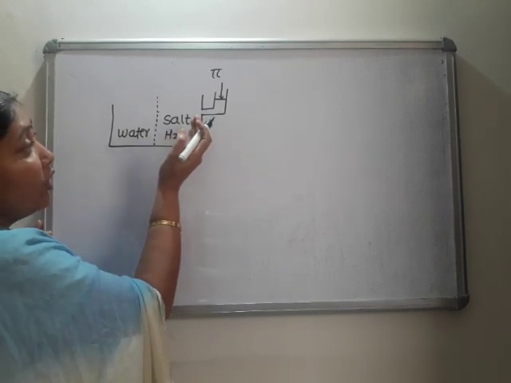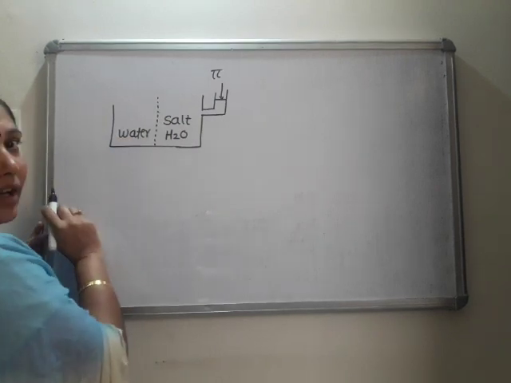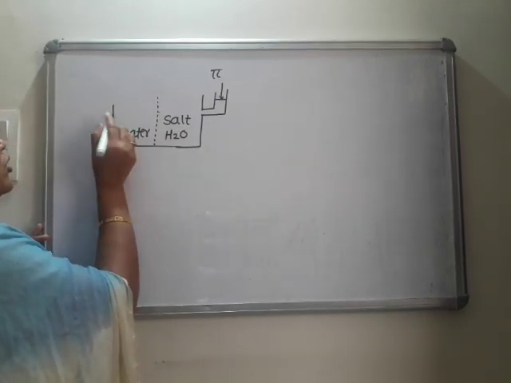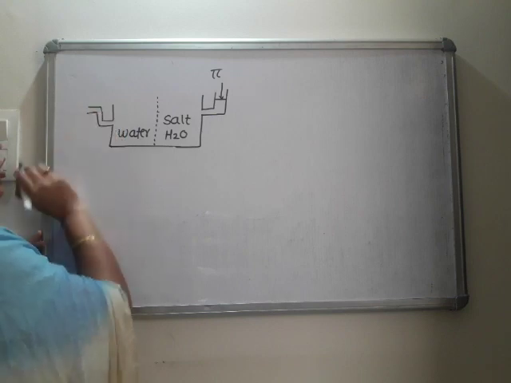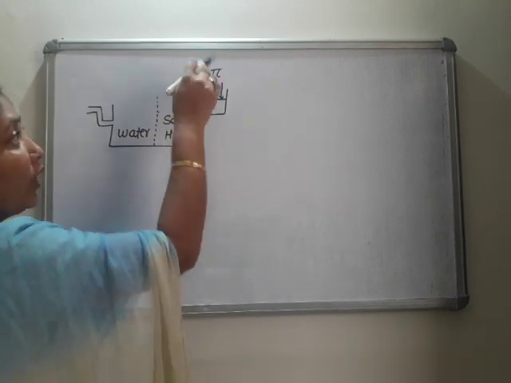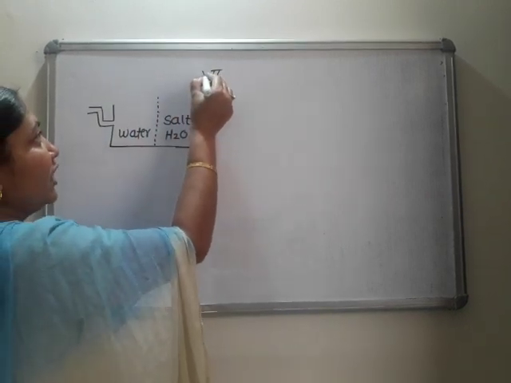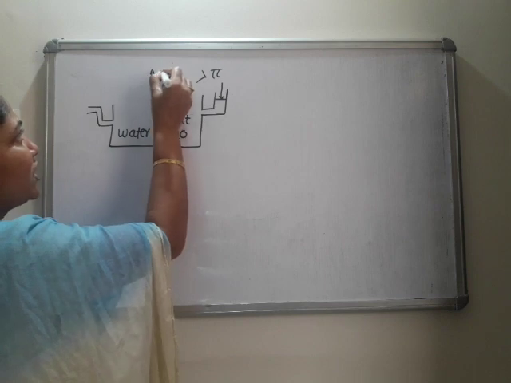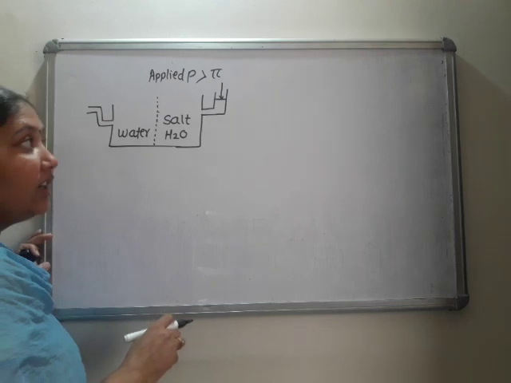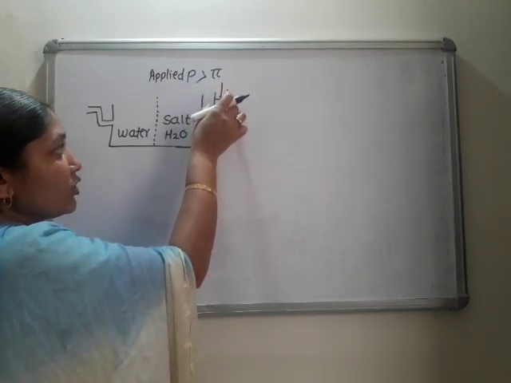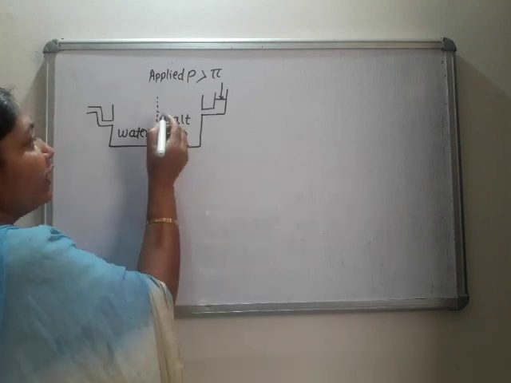Now we want to pass water in the salt solution into this compartment. There is also one arrangement to observe whether water enters this compartment or not. So what do we have to do? We have to apply pressure greater than osmotic pressure. If the applied pressure on this salt solution is greater than osmotic pressure, then what will happen?